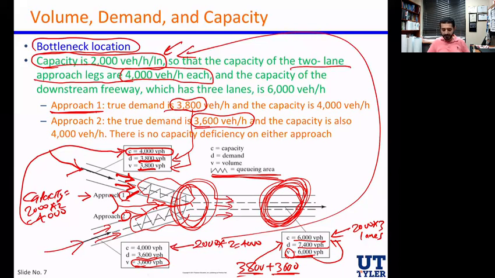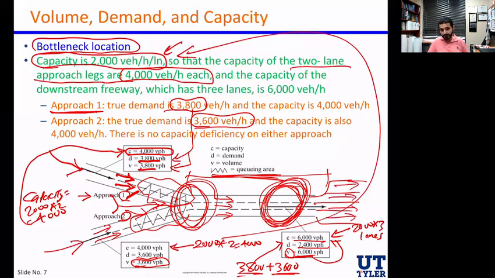How can we fix it? Typically, you would hope that this length here is a short distance, and afterwards the highway will add a 4th lane. After you get away from this bottleneck by maybe 500 feet or 1,000 feet, or sometimes half a mile, you're going to start to see 4 lanes again.